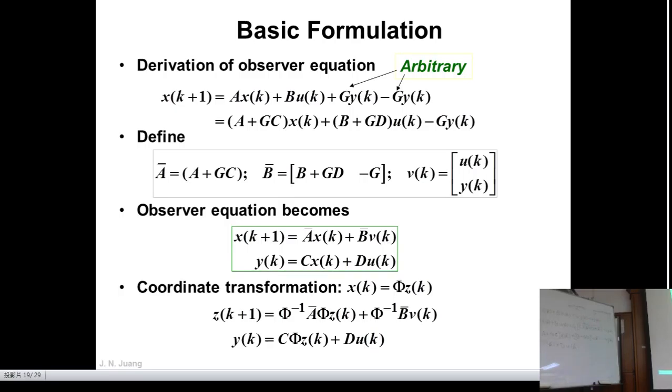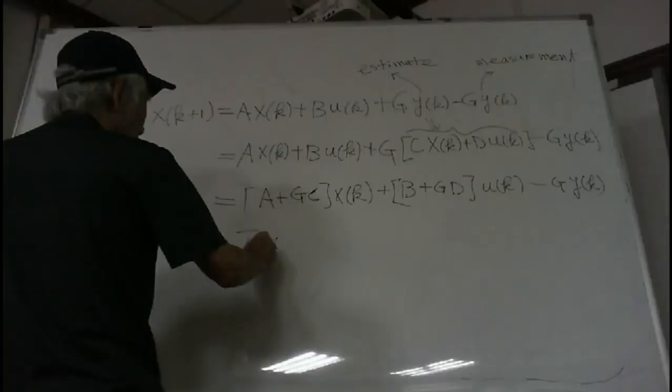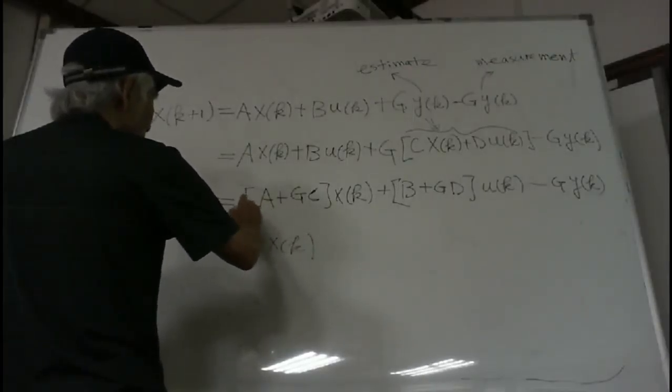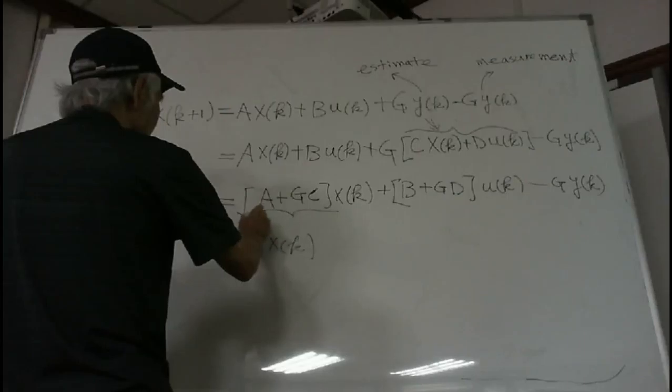Let me write it down again here. I can write this as A bar xk, and this A bar is this.